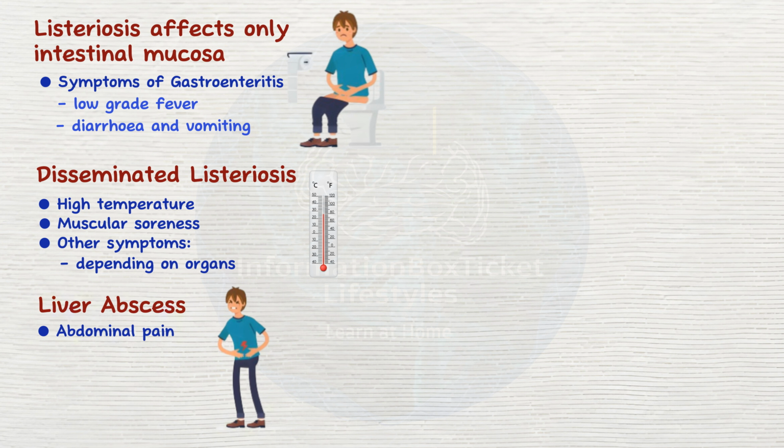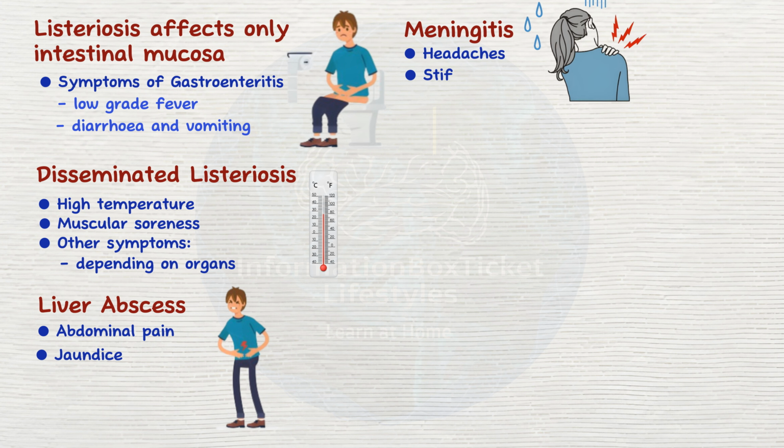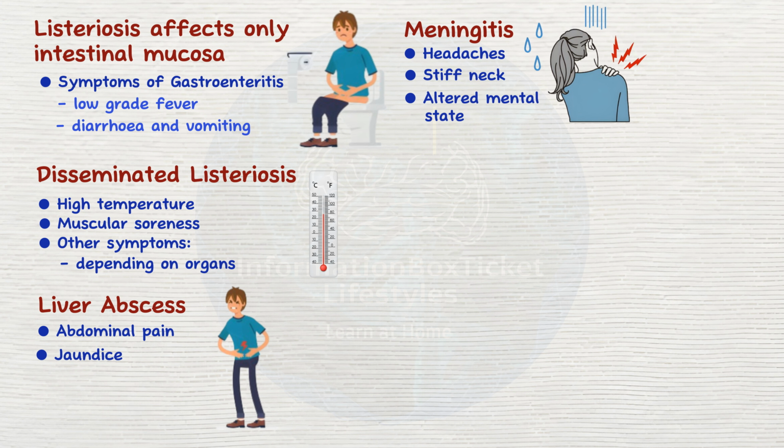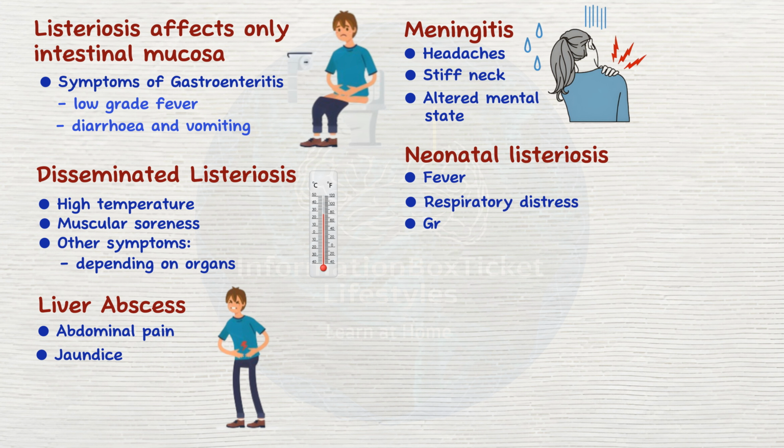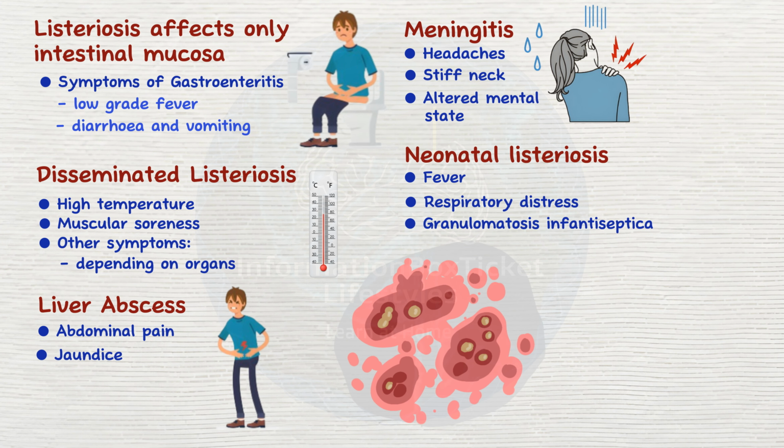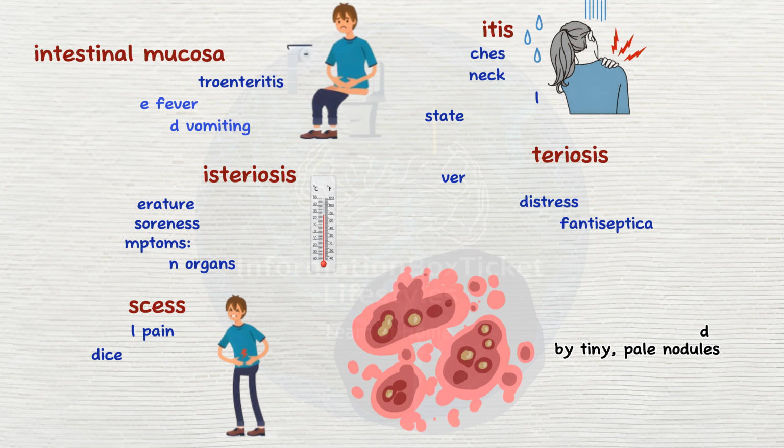Abdominal discomfort and jaundice are common signs of liver abscesses, while meningitis causes headaches, stiff neck, and altered mental state. Neonatal listeriosis is often characterized by fever, respiratory distress, and a distinctive, widely dispersed skin rash. Granulomatosis infantiseptica is a condition marked by tiny, pale nodules.